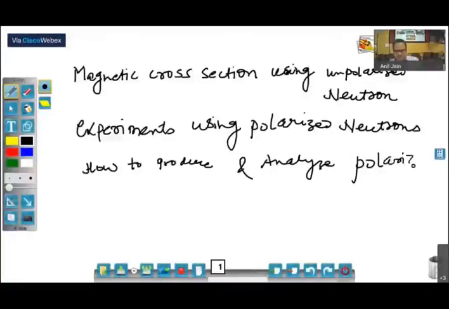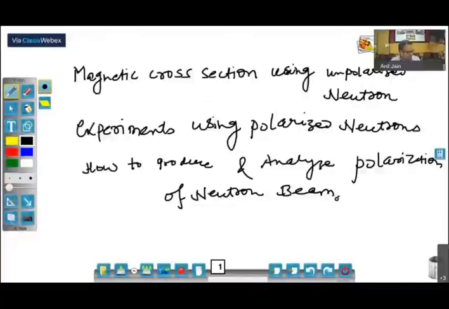Polarization of neutron beam. So we know that each neutron has spin 1/2, and it has an angular momentum which is plus minus half of h cross.